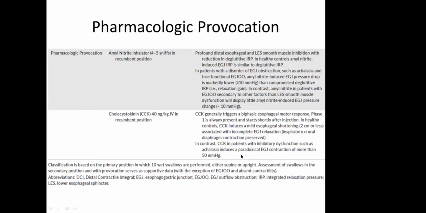In those with deglutitive inhibition dysfunction, and also patients with achalasia, it causes a paradoxical EGJ contraction. Normal response is EGJ relaxation, but in those with abnormalities, they may get contraction paradoxically.